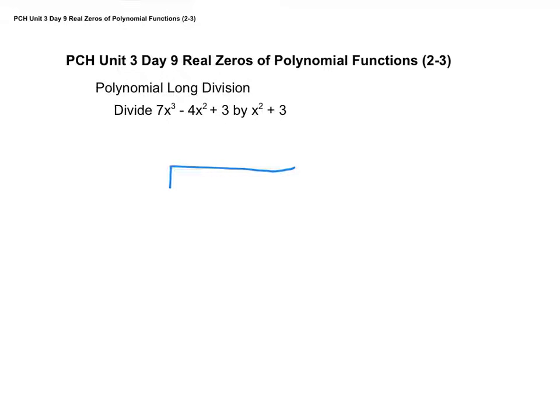Okay? So, first of all, one strategy I would really highly recommend to avoid issues is you'll notice in this cubic that we are dividing, it's 7x cubed minus 4x squared plus 3. There is no linear term in this polynomial.